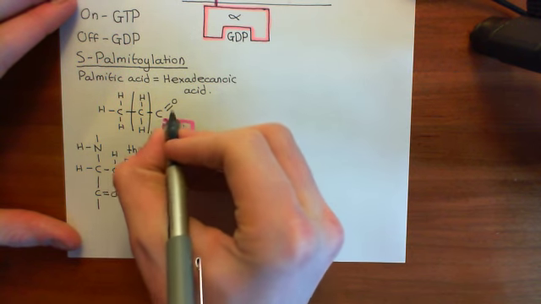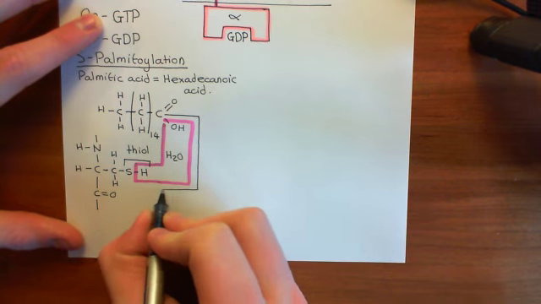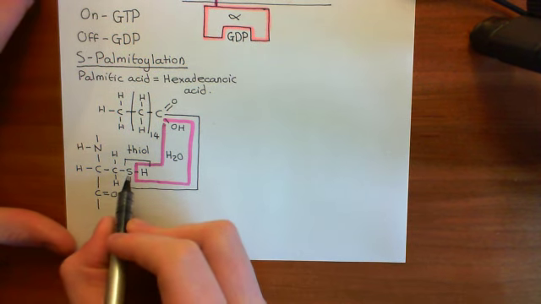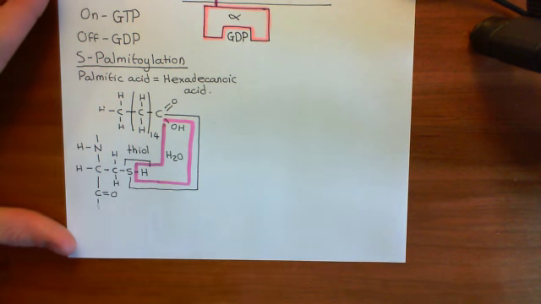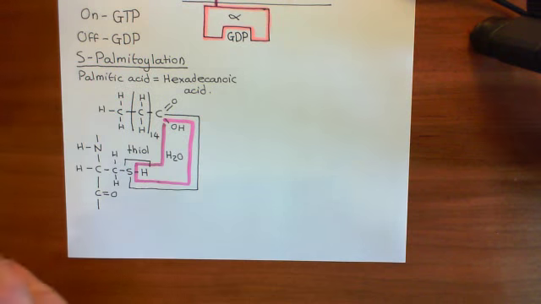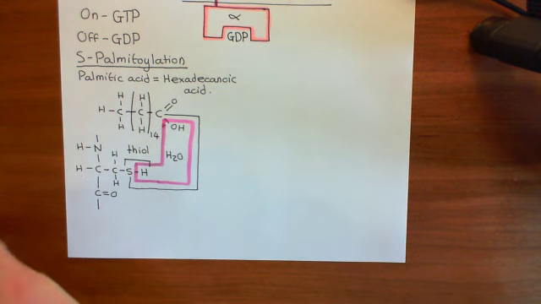Then we're going to bind this carbon atom here of the carboxylic acid group to this oxygen atom here. And that would be an ester link if indeed this was an oxygen atom. We now have to remember that this is a sulfur atom, but this same reaction can occur just as it would if that was an alcohol group down there.